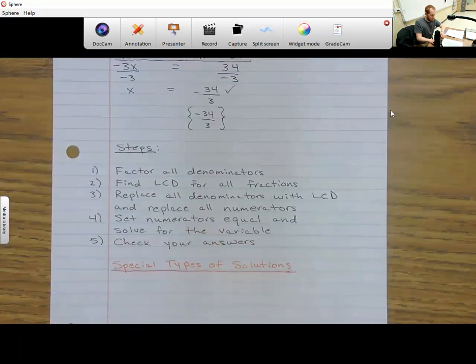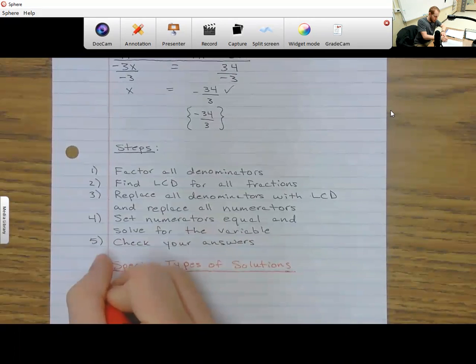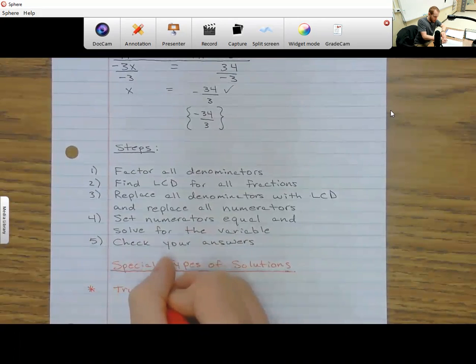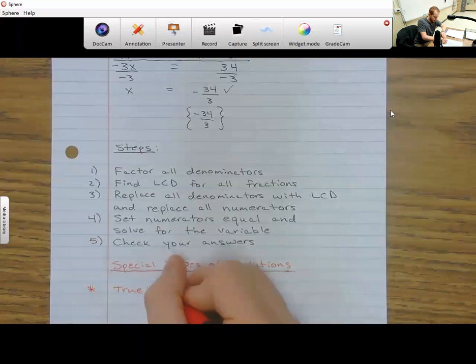All right, special types of solutions. So you might have a true statement, that would mean all real numbers. All real numbers.